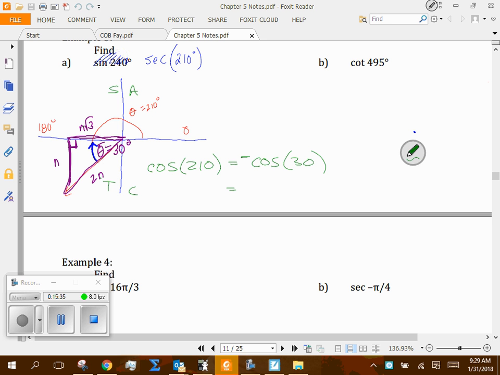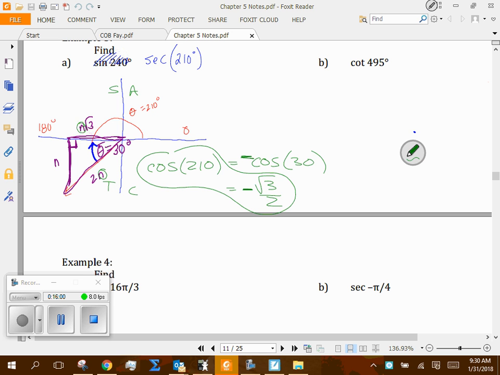And this might be the reason why we like n to be 1. If I view n to be 1 here, it should be root 3 over 2. That's the cosine of 30, but there's that negative out front, right? So cosine of 210 is the same thing as negative root 3 over 2.